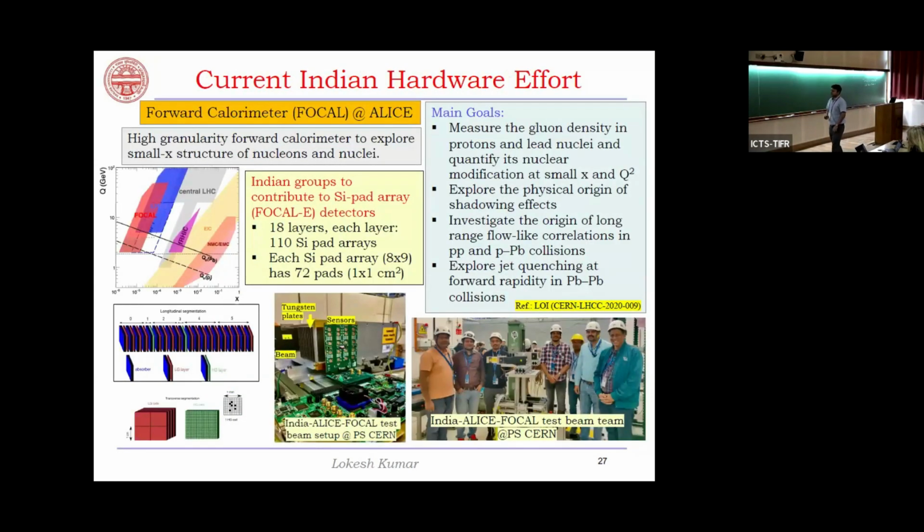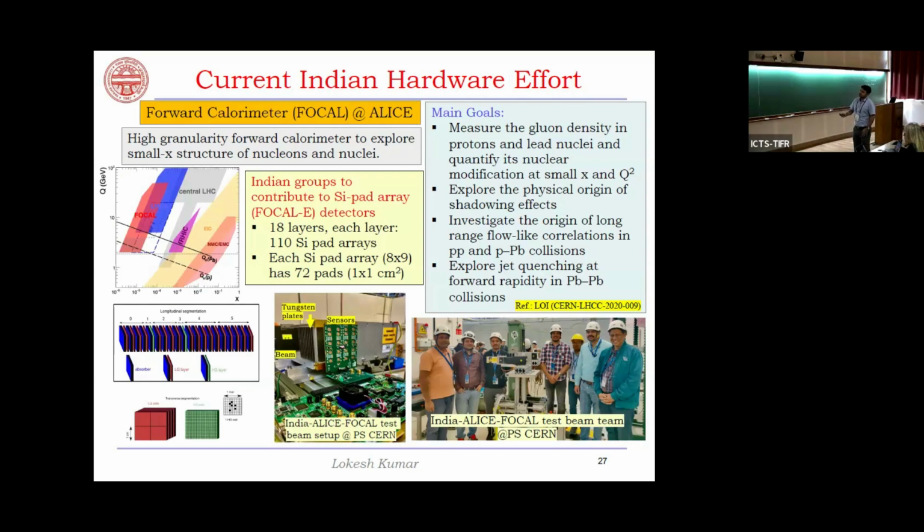I just want to mention that currently we are involved in a hardware project called the forward calorimeter, FoCal, at ALICE. It's a high granularity forward calorimeter to explore the small-x structure of nucleons and nuclei. These are the main goals, which are close to the EIC physics.